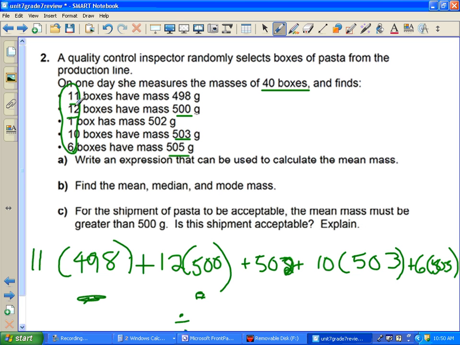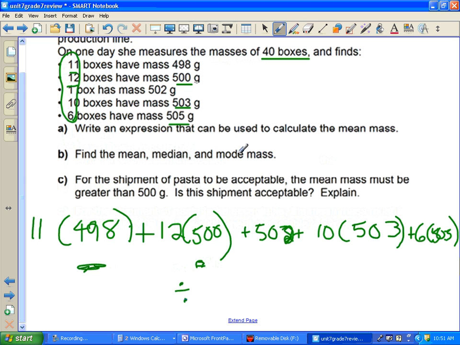And when I go 11 plus 12 plus 1 plus 10 plus 6, there will be a total of 40 actual boxes that he took. So the answer is, I'm going to have to write 11 times this plus 12 times that plus 502 plus 10 times this plus 6 times this, all divided by 40, and that will be my expression in order to calculate the mean mass.